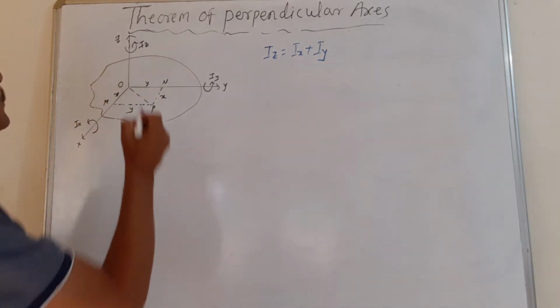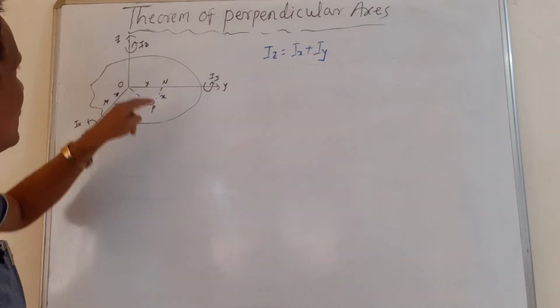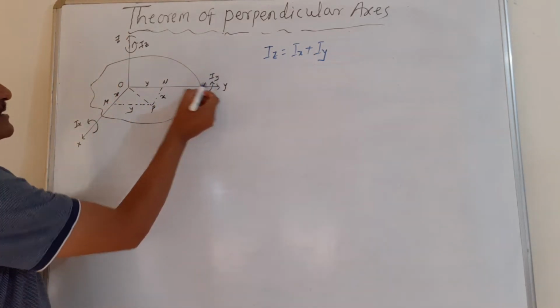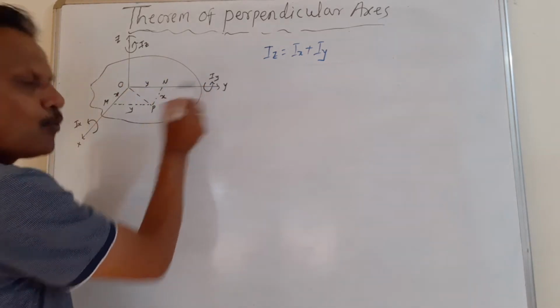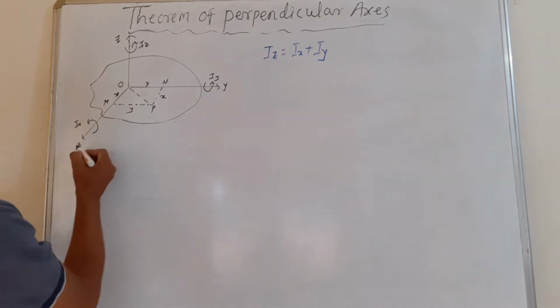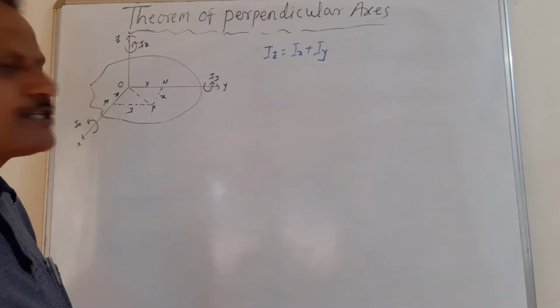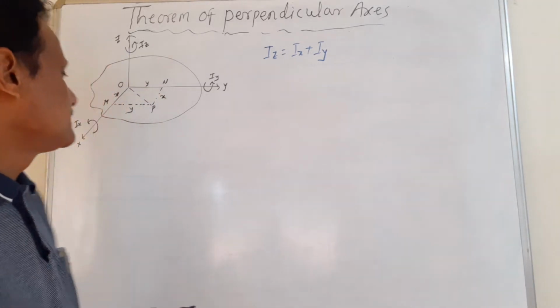Okay, so now this Iz means moment of inertia of the plane lamina about a z axis. Iy means the moment of inertia of this plane lamina about a y axis, and this x axis means Ix means moment of inertia of the plane lamina about a x axis.